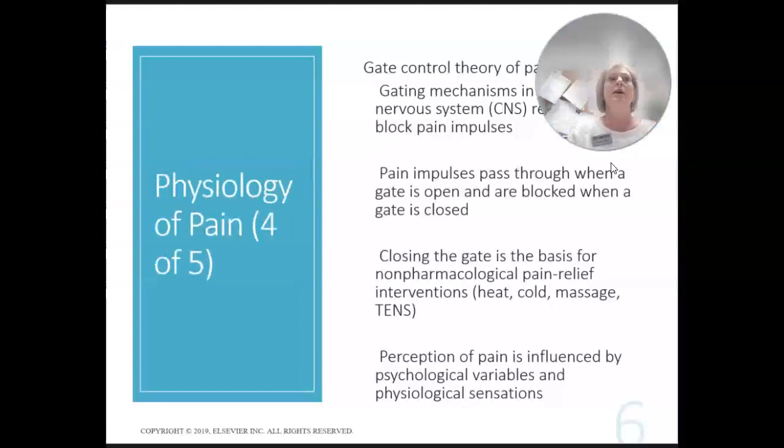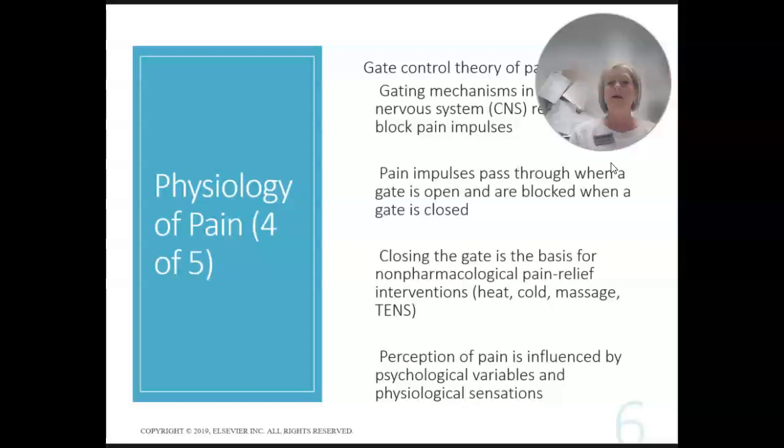So let's think about how we can help someone's pain response without pharmacological measures. One of the ways they think about it is the gate control theory. Think of a big gate that opens and closes according to what's going through it.